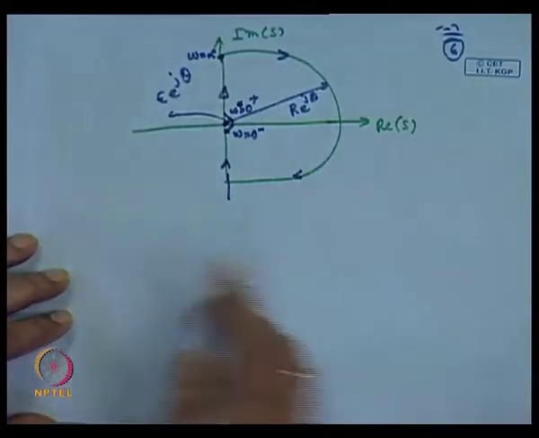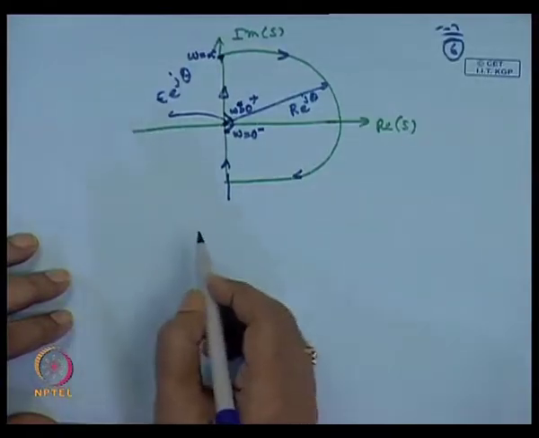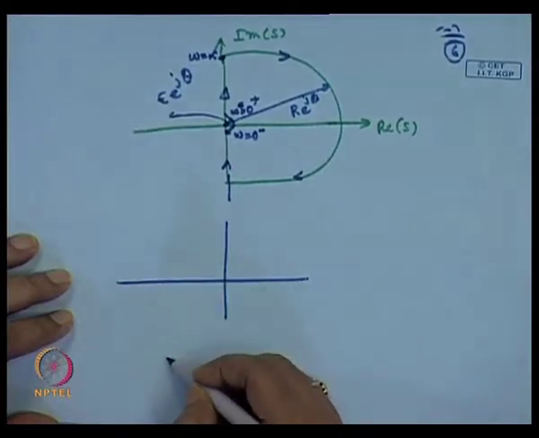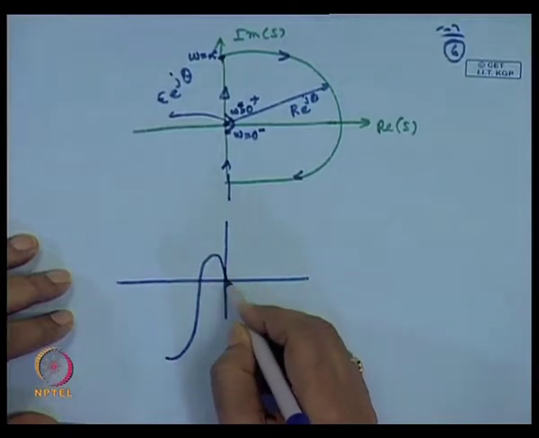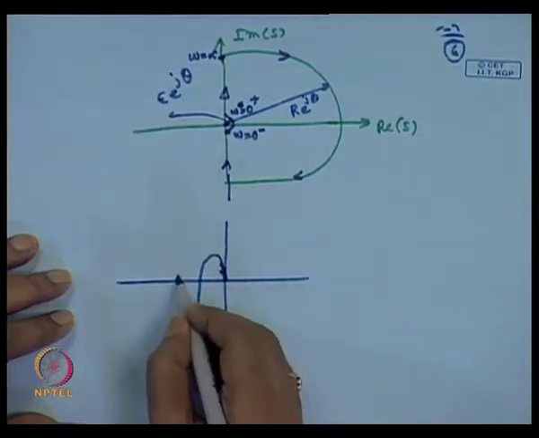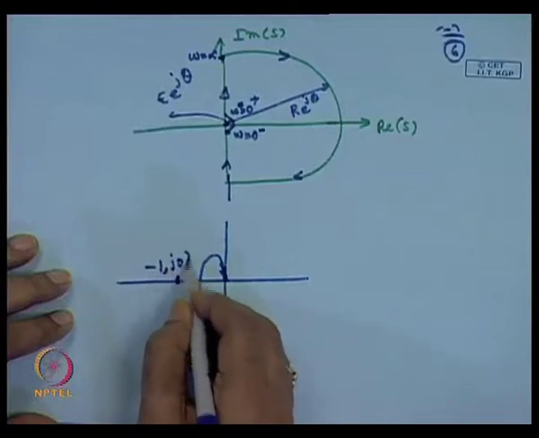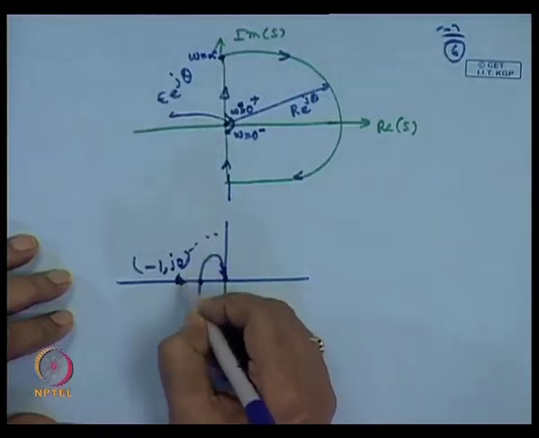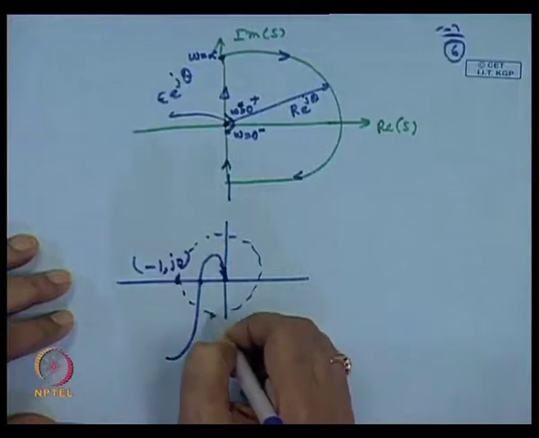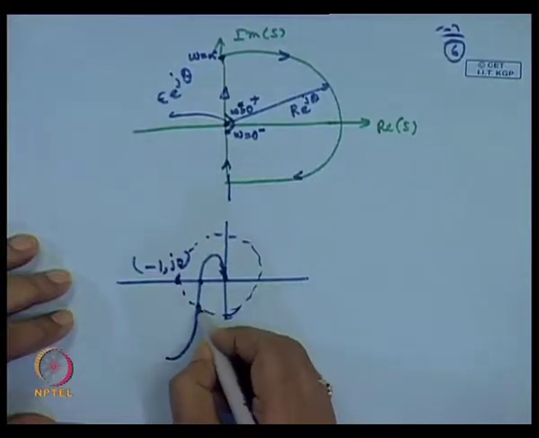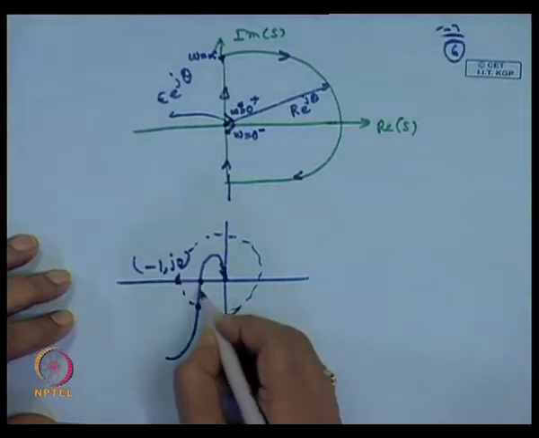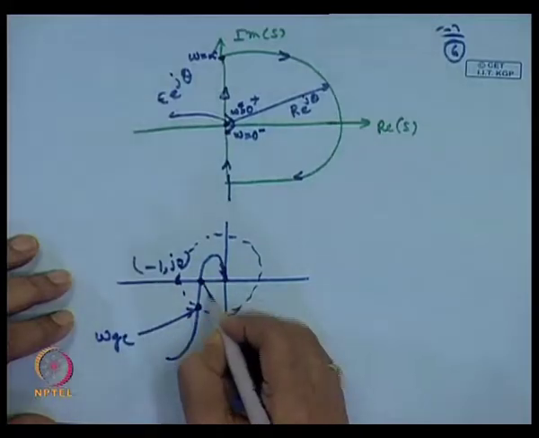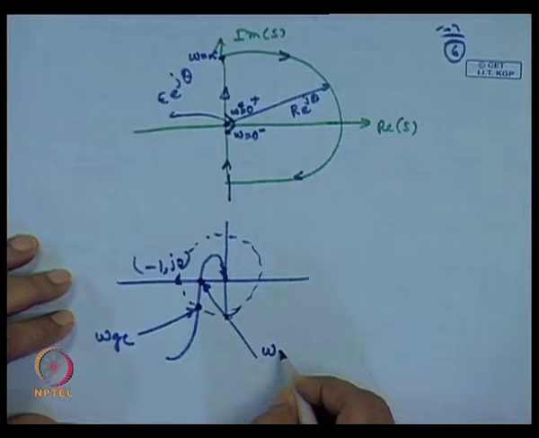So, our Nyquist stability criteria says: let us call for the given system the polar plot is like this, just touching this, and this is the minus 1 plus j0 point. It cuts here, and if you draw a unit circle, this is the gain crossover frequency omega gc, and this is the phase crossover frequency.